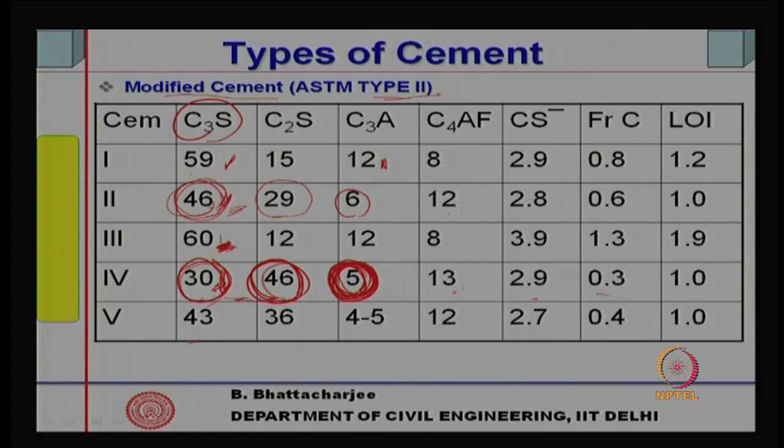Now, coming to type 5 cement, this is sulphate resisting cement. We shall see, when we talk of durability of concrete, that sulphate attacks concrete through C3A. We can recall our earlier discussion on ettringite formation.